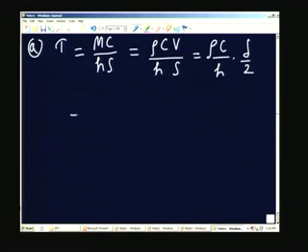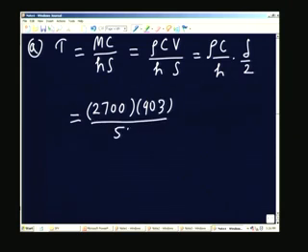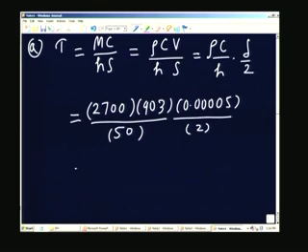Now, I can plug in all the values. Rho is 2700, C is 903, H is 50, and delta is 0.00005, divided by 2. So, the time constant comes to 1.219 seconds. So, the time constant of this particular system is 1.219 seconds.